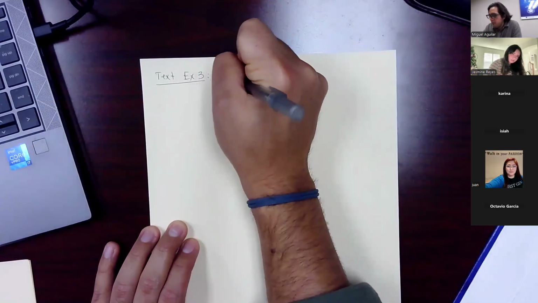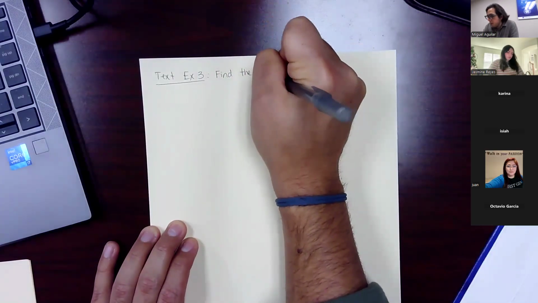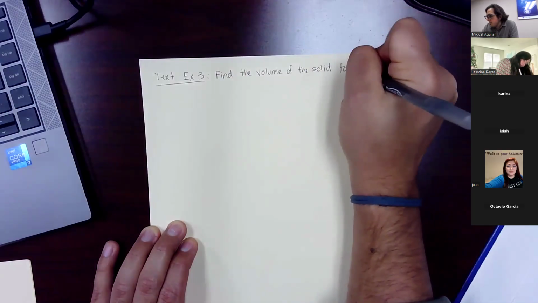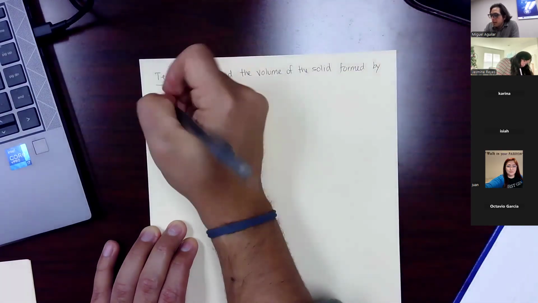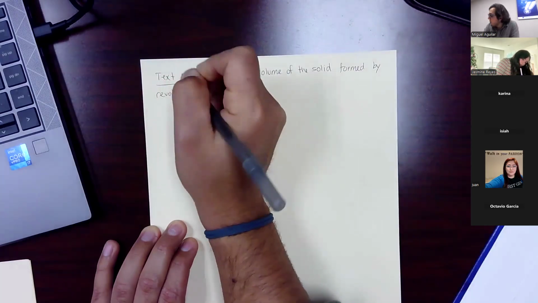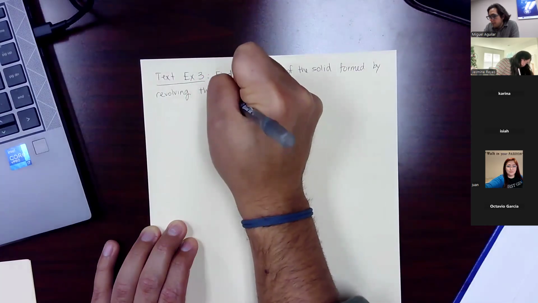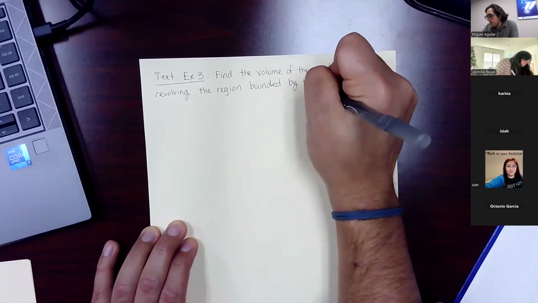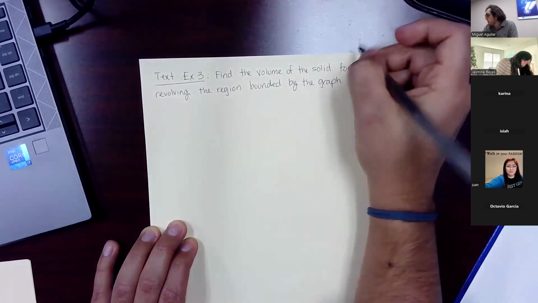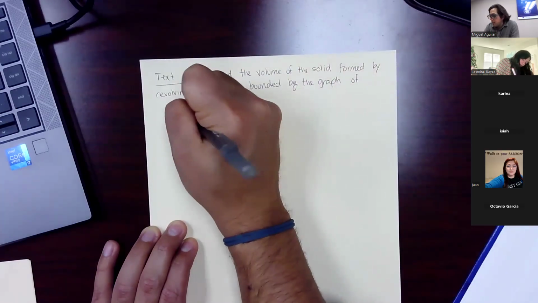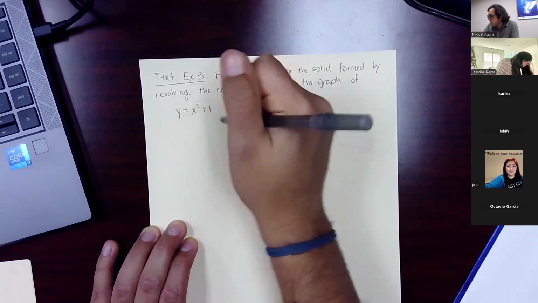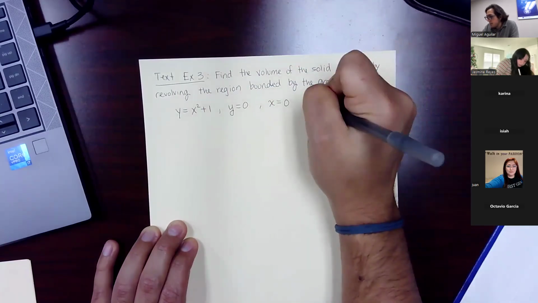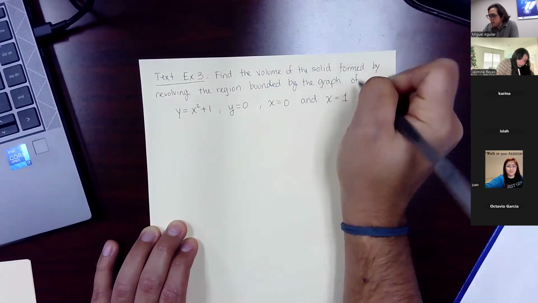So this one says, find the volume of the solid formed by revolving the region bounded by the graph of y equals x squared plus 1, y equals 0, x equals 0, and x equals 1.